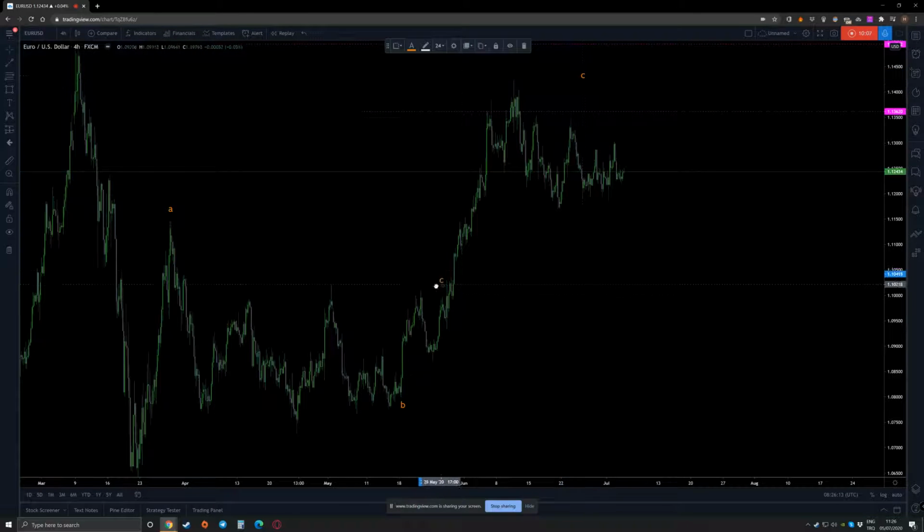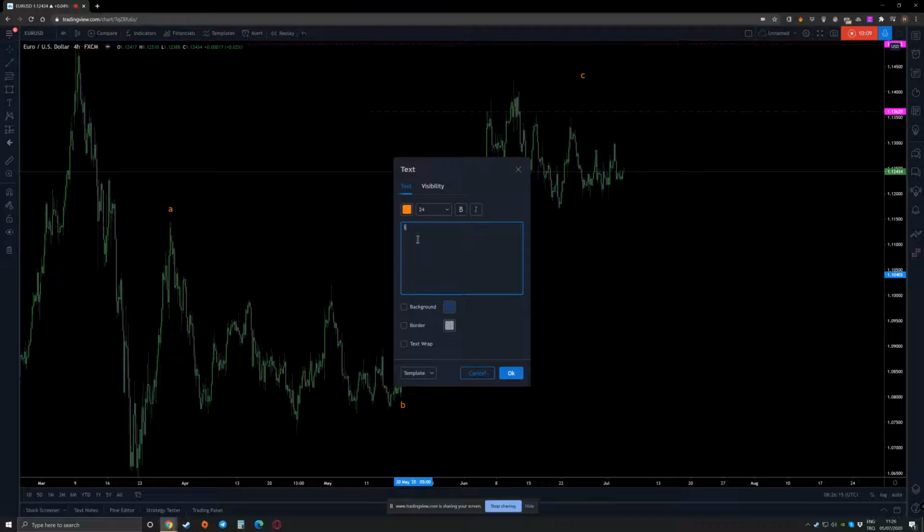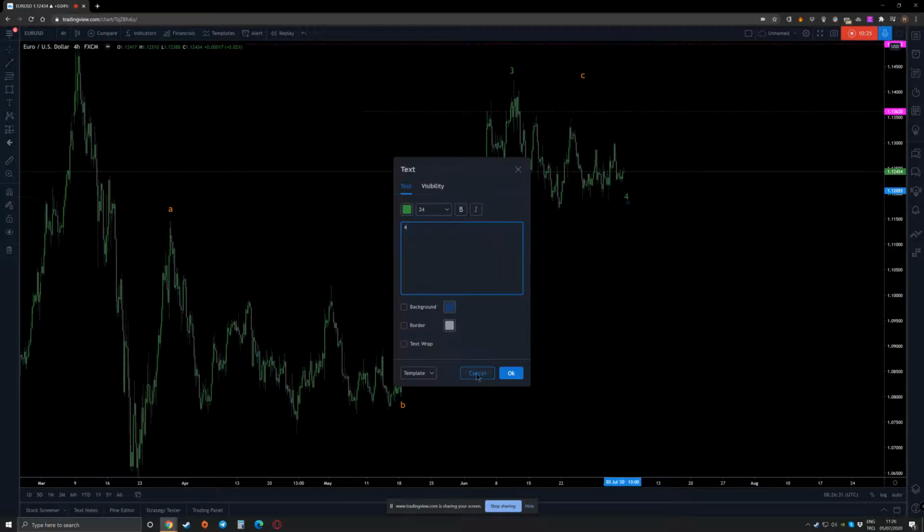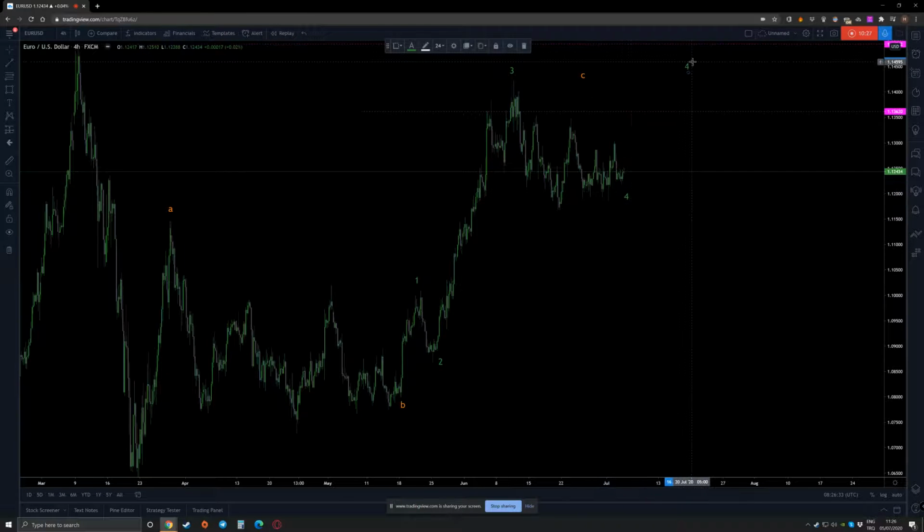So whatever it is here, for example, it should be something like 1, 2, okay, maybe 3 here. Maybe we are still in a 4th wave, and maybe we will have a 5th wave. That is a possibility.